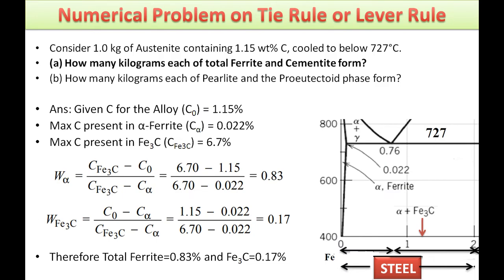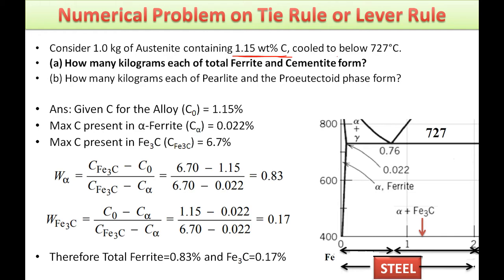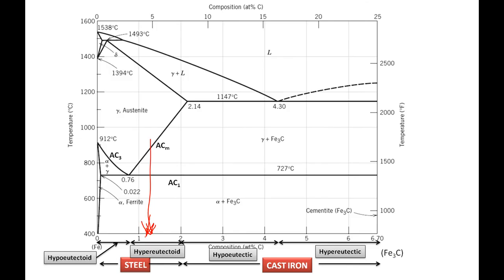Now what is the problem? Consider 1 kg of austenite containing 1.15% carbon. This is given. That means in this diagram we get 1.15% carbon at approximately this position, this line will be drawn, and below 727 degrees centigrade, that means below this line.